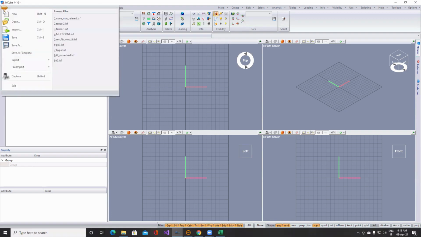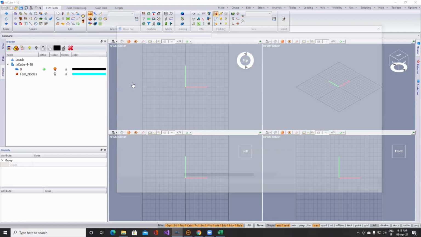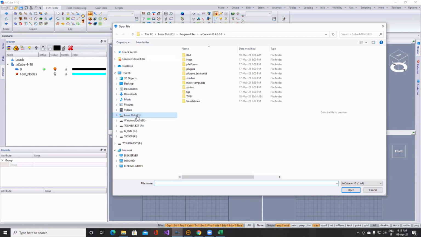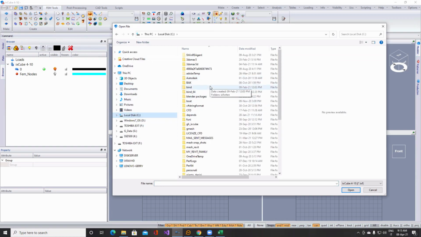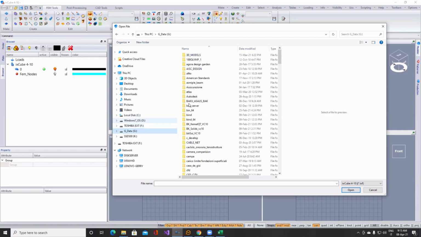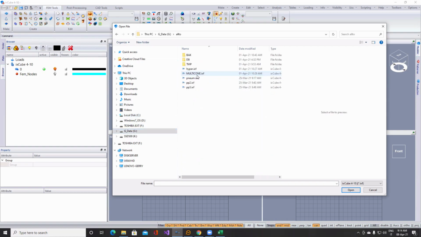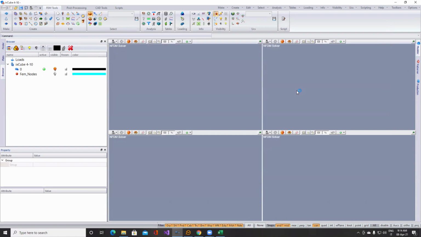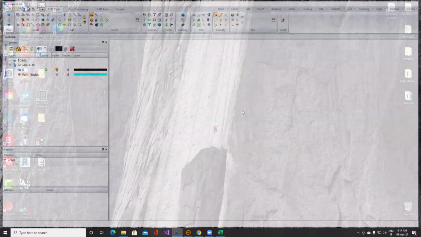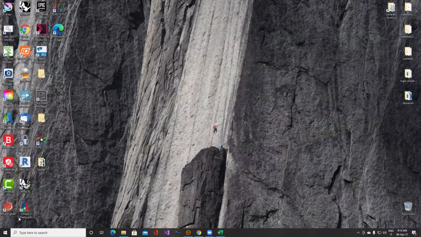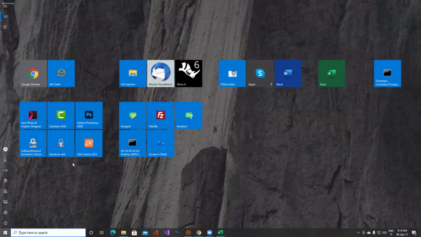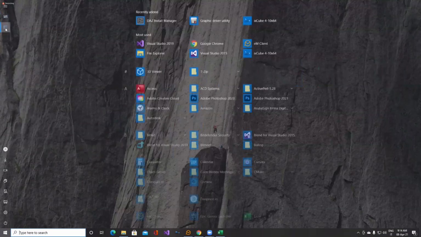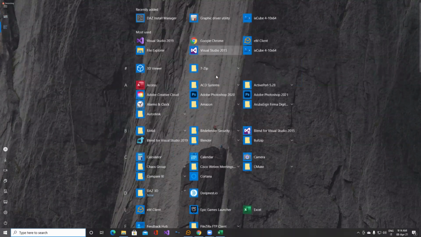So first of all, let's load. I think this one we did. No, that was made with another version. I have so many versions, I get lost sometimes.